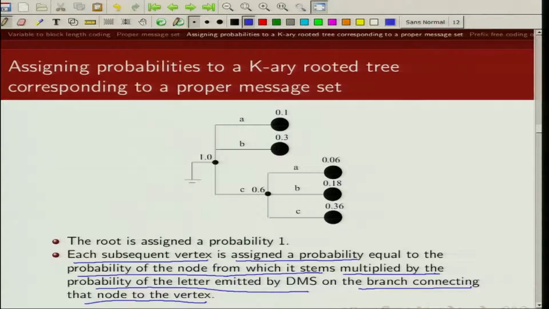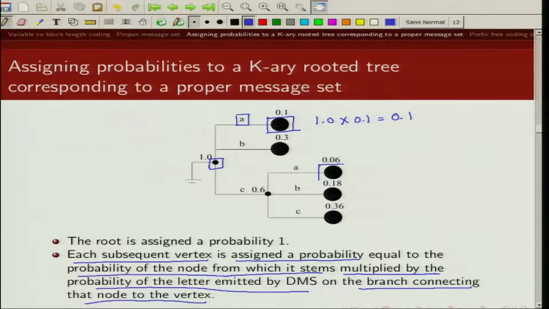So then according to this, what should be the probability of this vertex? This probability would be the probability of this node multiplied by the probability of occurrence of this letter A. So this is 1 into the probability of A, which was 0.1, so this is 0.1.